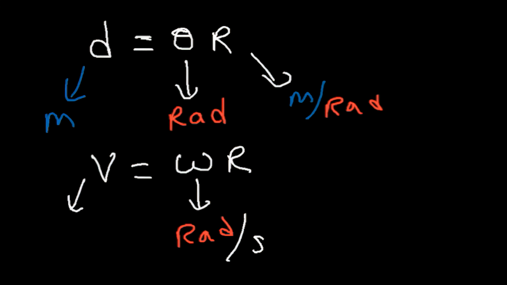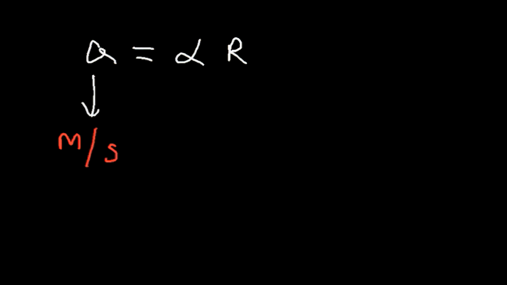So velocity is going to be meters per second, assuming the radius has units of meters. Now the next equation is linear or tangential acceleration is equal to angular acceleration times the radius. We know that linear acceleration has units meters per second squared. Angular acceleration is radians per second squared.